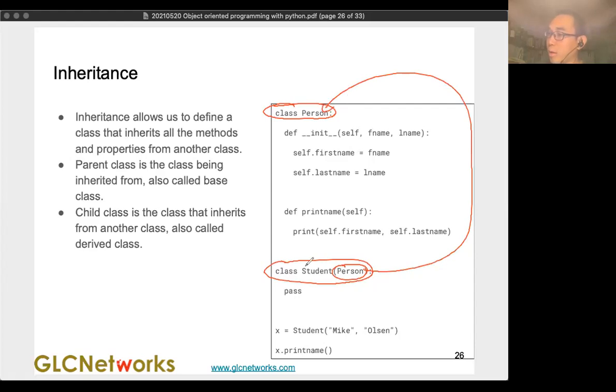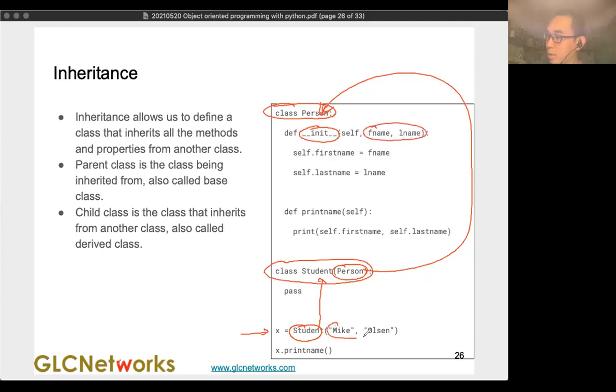So when you are calling student, let's talk about this line. You're calling student, it means you're calling this, and this one will call person. The person class has an init method, and the init method receives two parameters.